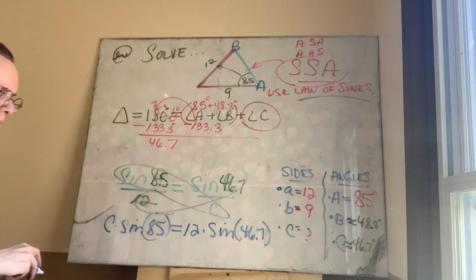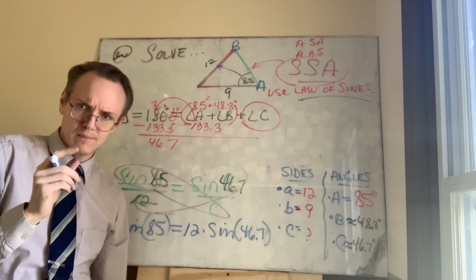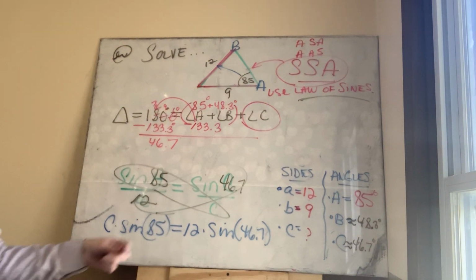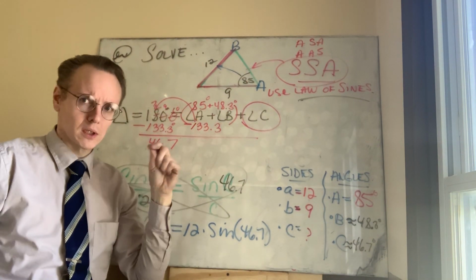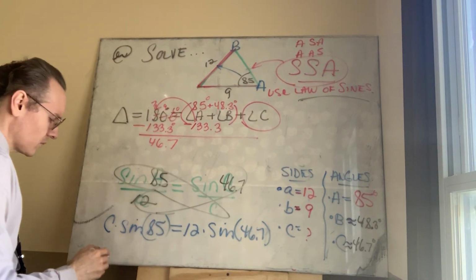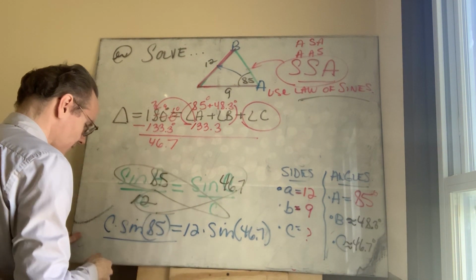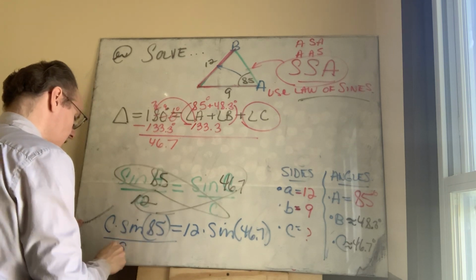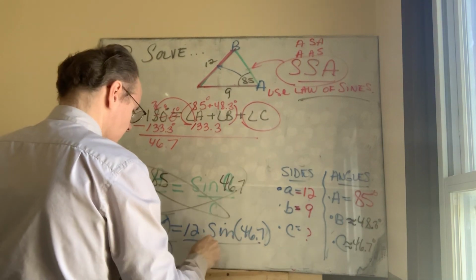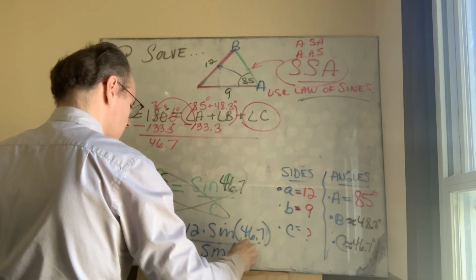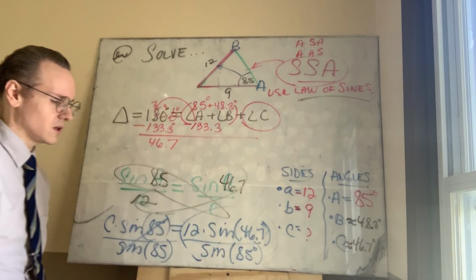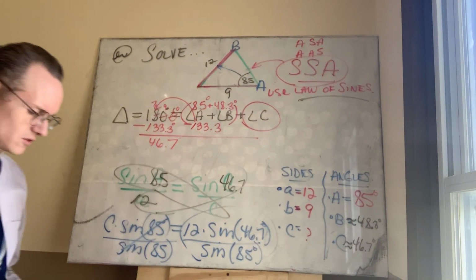If you want to be very precise, you could store the dimension that we had calculated before, this rounded 48.3, in your calculator. You get something that is still not exact, but it's still pretty close. And then I'm going to divide by the sine of 85 here, and the sine of 85 here, degrees, right? And basically you're going to type this, and that will tell you what C is.